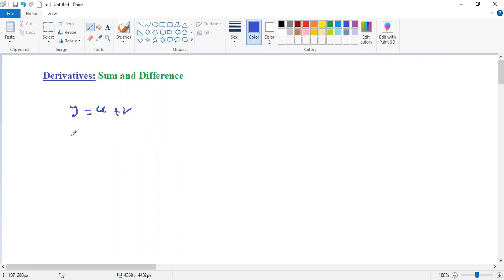So the derivative y prime, or dy/dx, equals u prime plus v prime, and you find the derivative of each term or each function. The same for the difference. If we have y equal to u minus v, then y prime will also be u prime minus v prime, the derivative of each function.